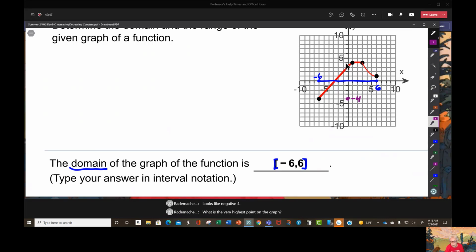Looks like +4. So the range is going to go from -4 to +4. And we're going to use brackets there as well when we write it on paper.